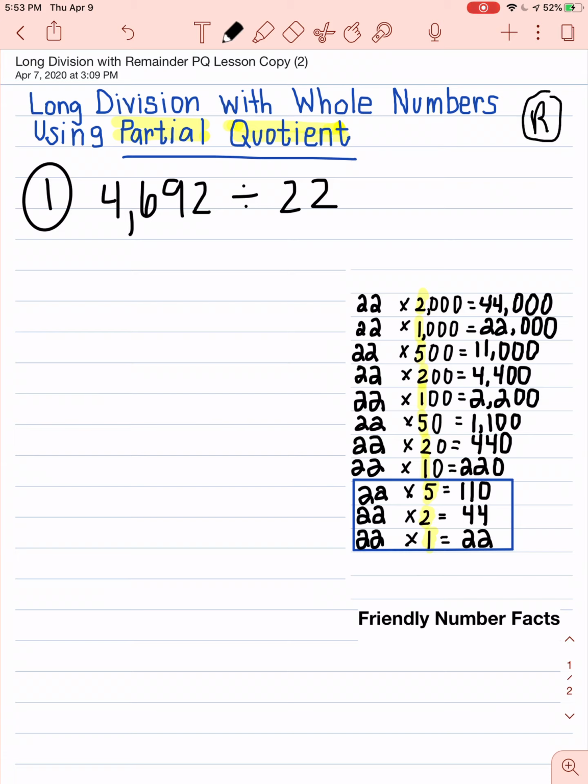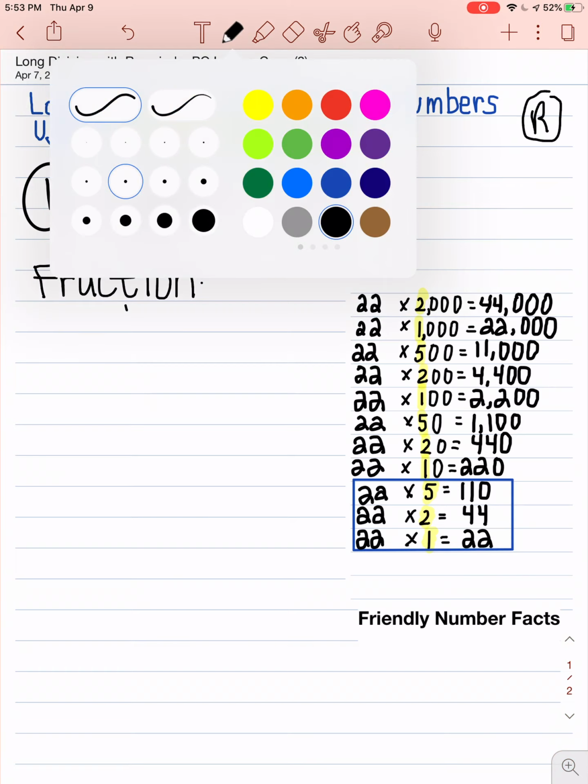So how would you write it as a fraction? If you got this, they don't like the thin pen.